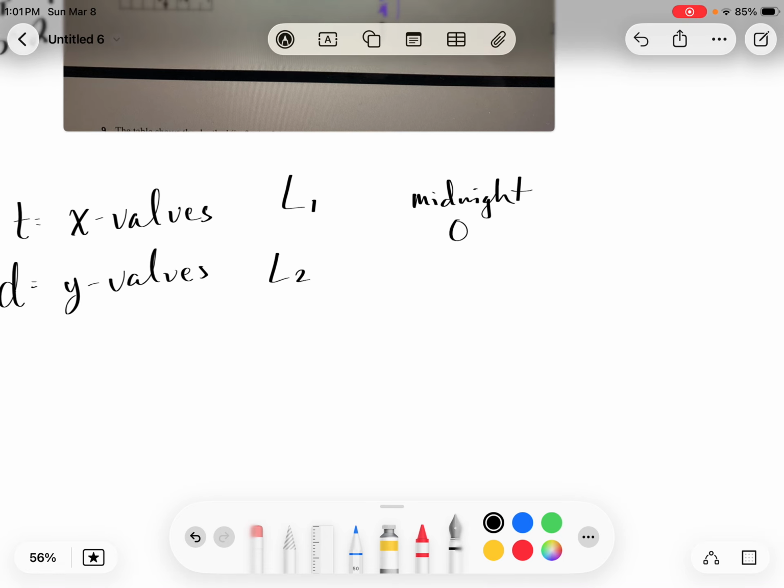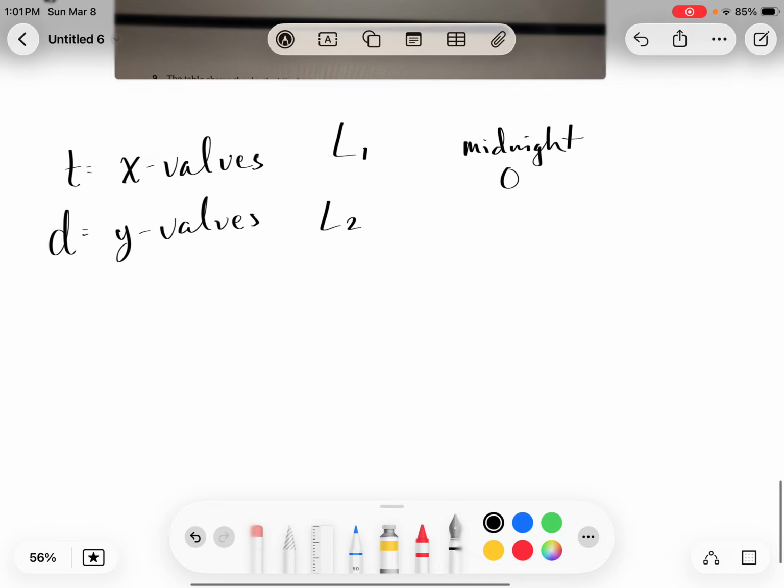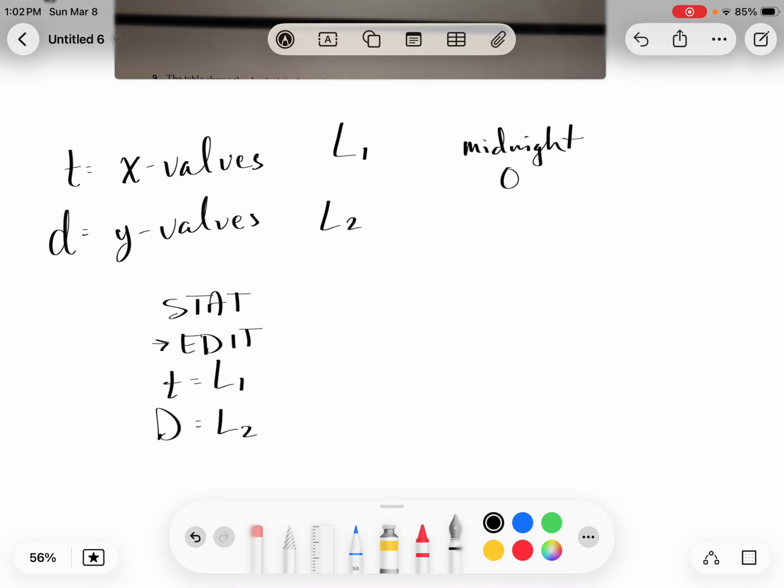Then when it says use the sinusoidal regression, after you put those in, you push stat, go into edit, and type t into list 1 and all the d into list 2. Then you push stat again, but this time go over to calc. Oops, can't spell calc today apparently.